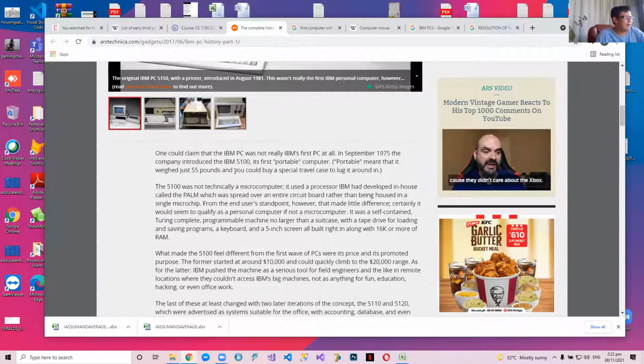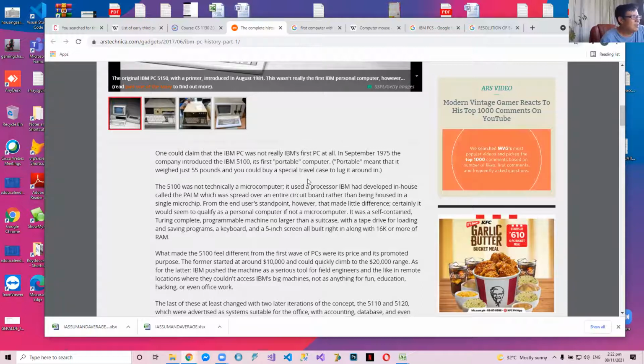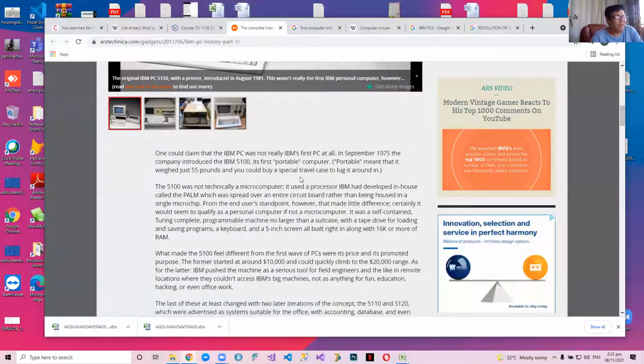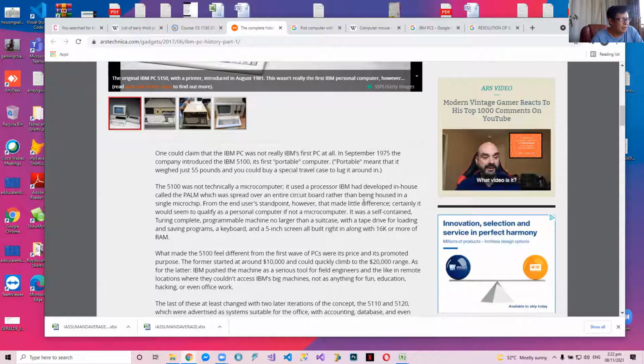September 1975, the company introduced the first 5100. Remember, IBM was producing large mainframes. Before 1975, there were the S360 and S370. Technically, the first IBM PC was not a microcomputer because maybe it was still transistor based.